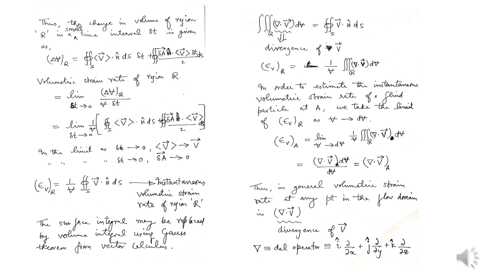That small dS should be dropped. As I said, it is incorrectly written there. So it is simply the surface integral of delta A dot V by 2.